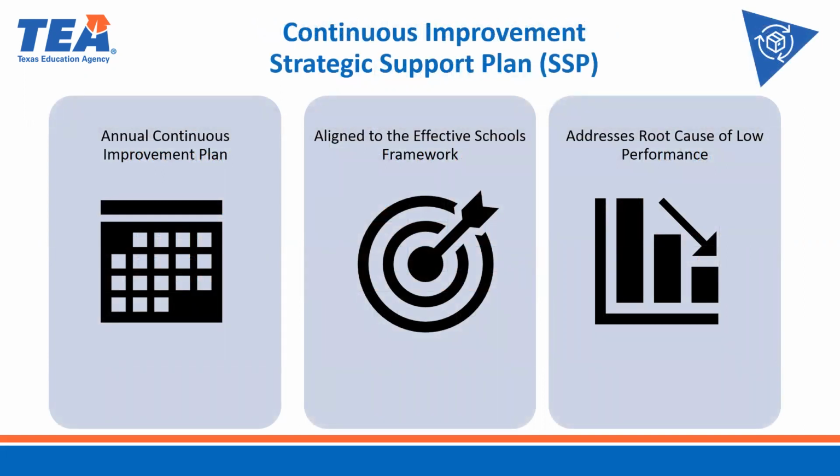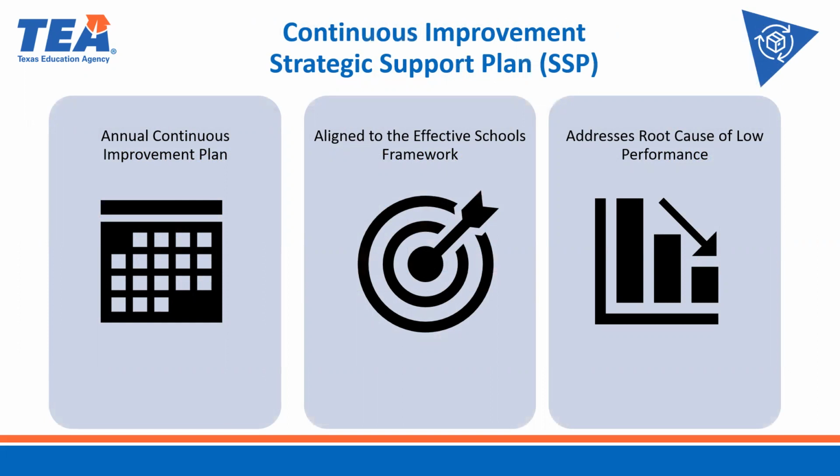The Strategic Support Plan, or SSP, is designed to assist LEAs to address areas of improvement that will positively impact student outcomes associated with results-driven accountability, or RDA determination levels.